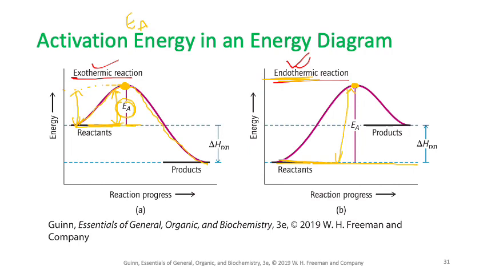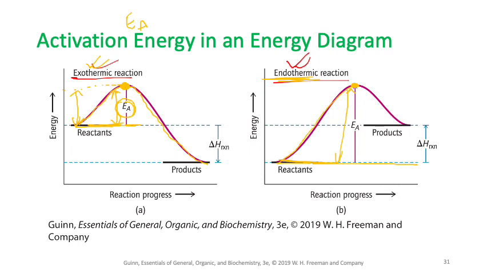That means the reactant needs more energy in the form of activation energy before it can convert into a product, compared to an exothermic reaction where the reactant needs less energy before it can convert into a product, right? And again, you can also see how much energy you need to go to the top of the hill.